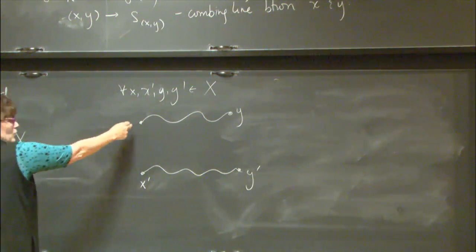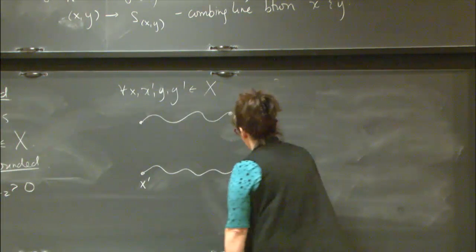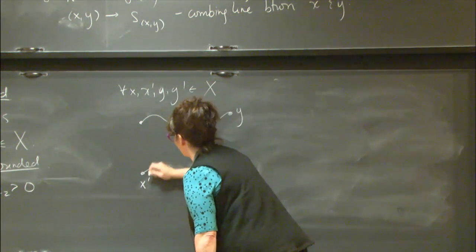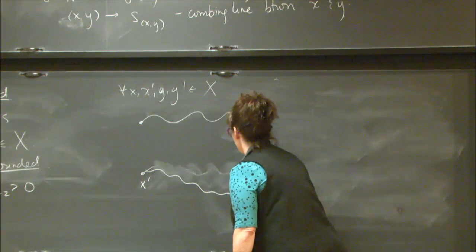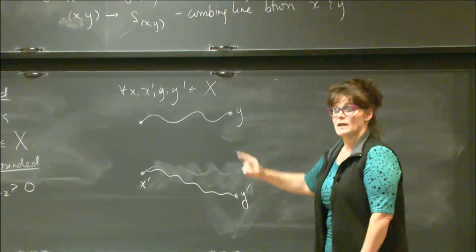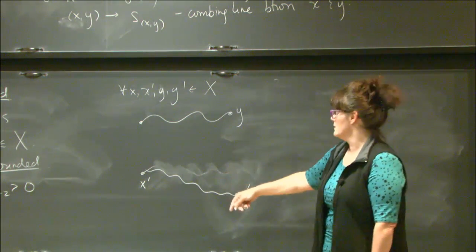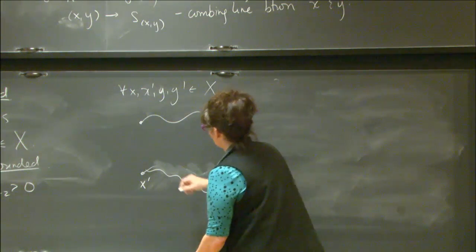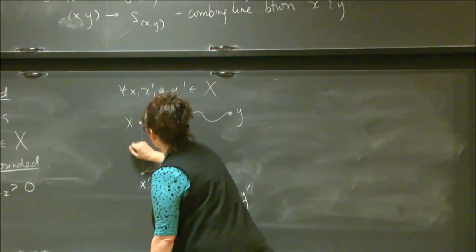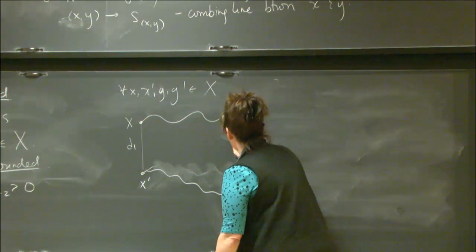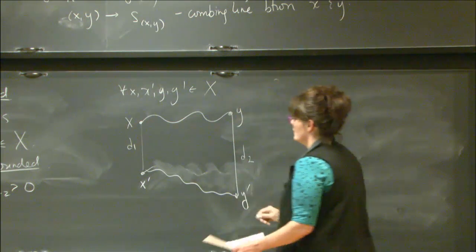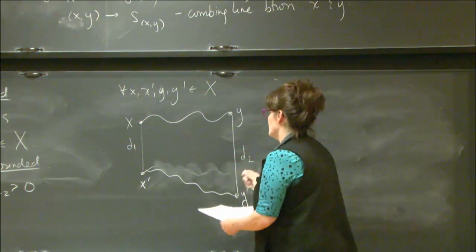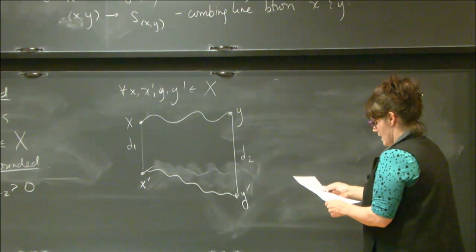And they don't have to look, it looks like these two are the same distance apart, but I don't mean for that to look that way. I don't mean for this to look like a parallelogram. So I have that combing line and that combing line, right? And I'm just going to call this distance d1 and d2, I guess. It's just easier to write it than it is to keep writing the distance function.